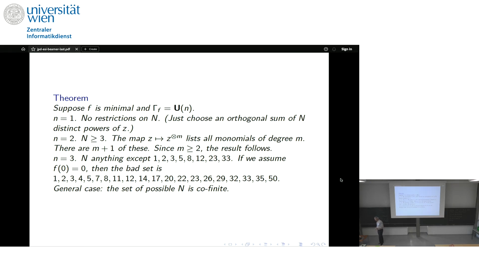So look at what happens here. You have a certain bad set, things that can't be written a certain way, and then you throw in the extra condition, f of 0 is 0. You eliminate the triangular number 1. So you're not allowed to use the number 1 anymore. You're allowed to use 1 or 0 as a coefficient. Okay, so anyway, you get this thing.